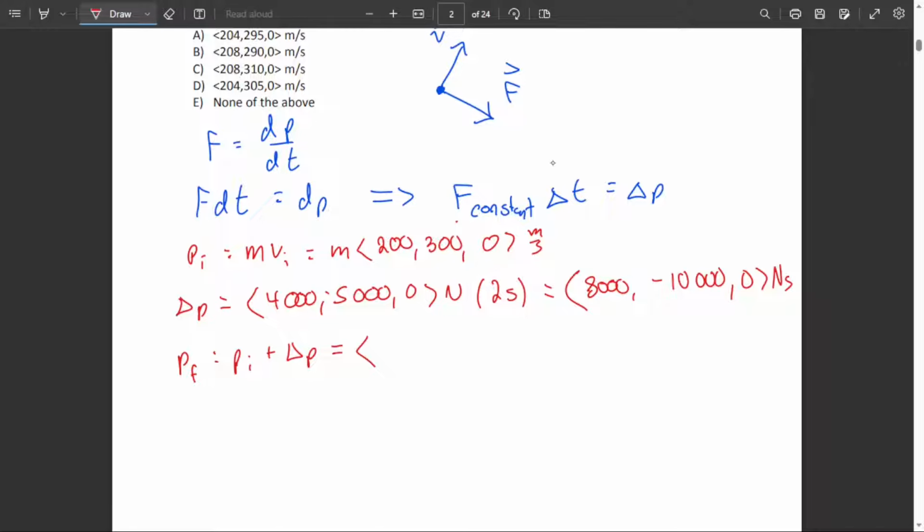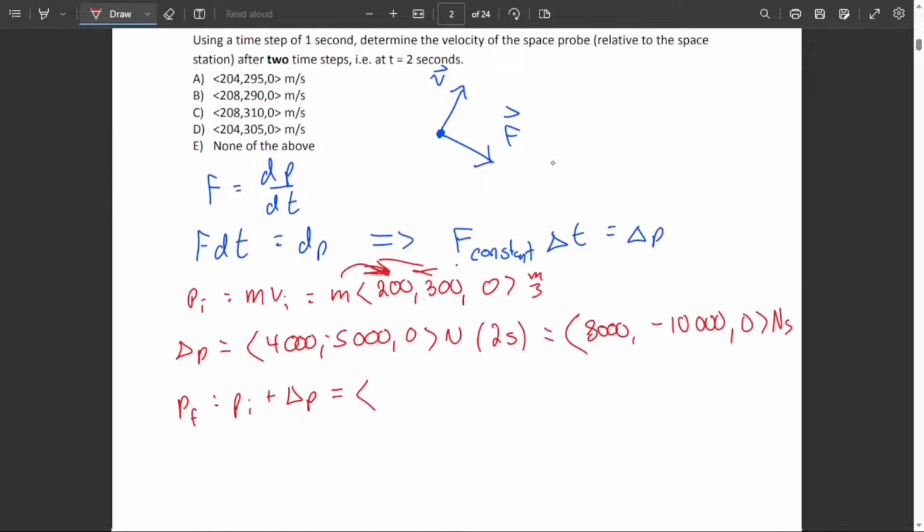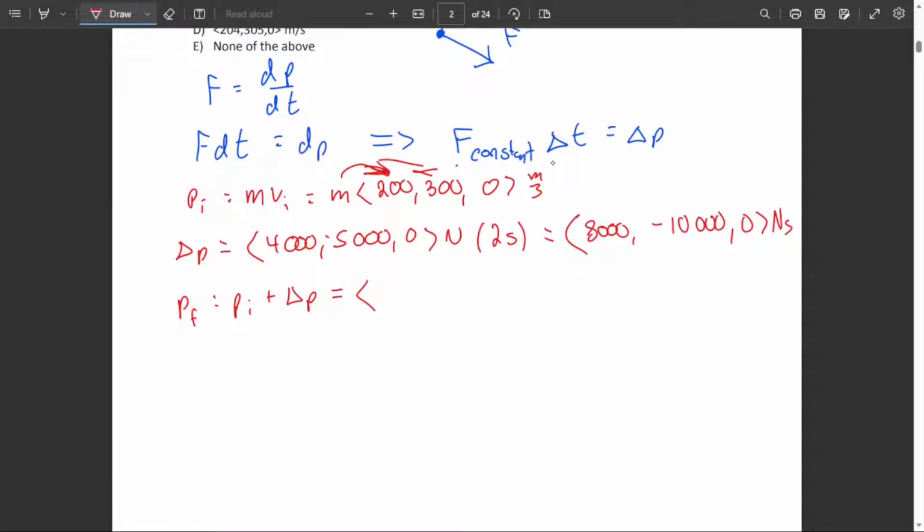Okay, we're actually going to have to multiply our mass into here. I thought we could get away without it, but no, we have to do that. Mass is 1,000 kilograms, so the initial momentum is 20,000, 30,000, 0.